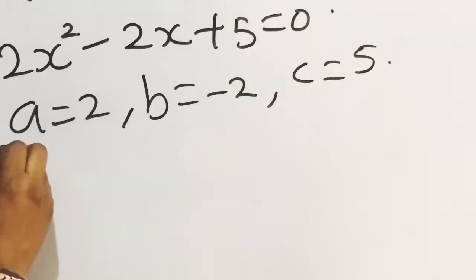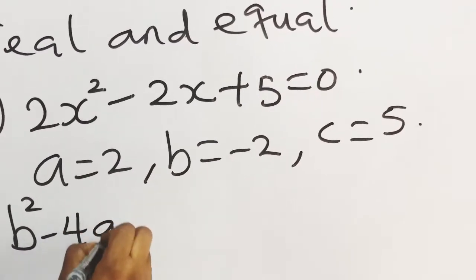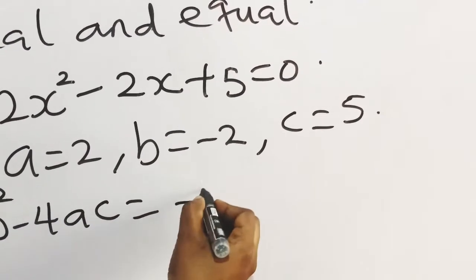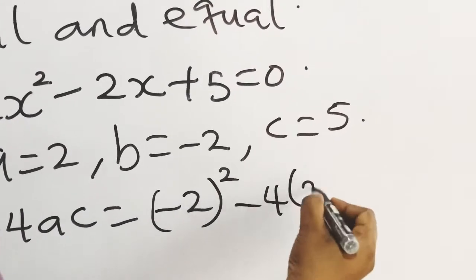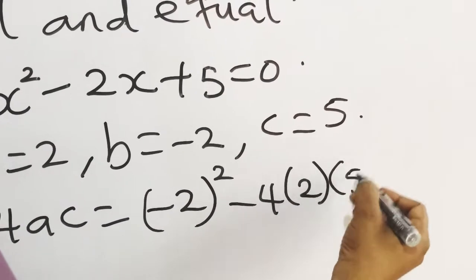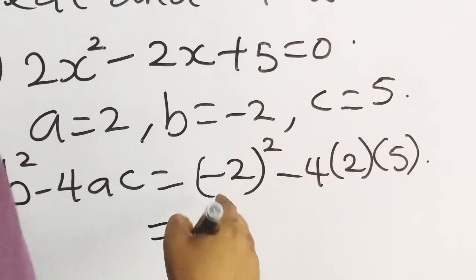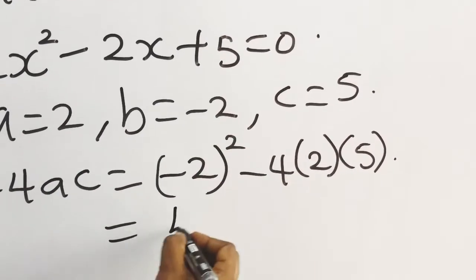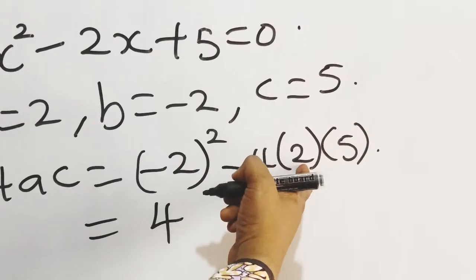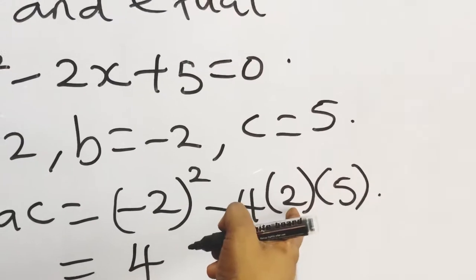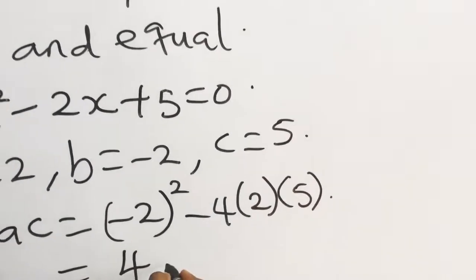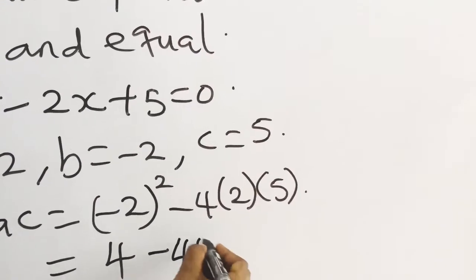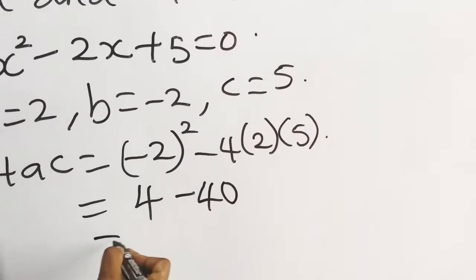So b squared minus 4ac is equal to minus 2 squared minus 4 multiplied by 2 multiplied by 5. So minus 2 squared is 4, minus 4 multiplied by 2 is minus 8, minus 8 multiplied by 5 is minus 40. So 4 minus 40 is minus 36.